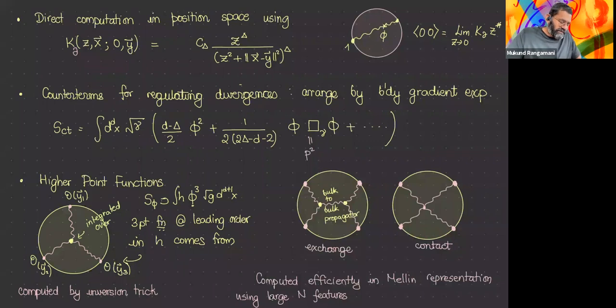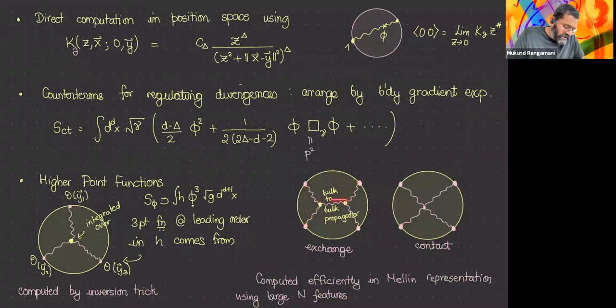Let me say one thing which is quite nice. The Mellin representation of the correlator is an integral transform of the standard position space correlator with respect to some integration variable, just like the conformal dimension. In that representation, this 4-point function with the exchange can be truncated to a contact of the following kind, some star-like diagram.